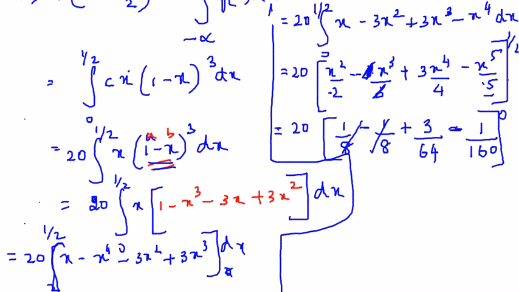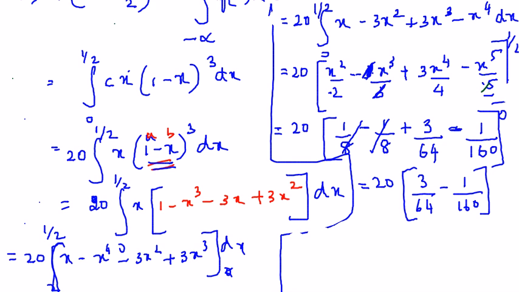Can you take the LCM for 64 and 160? So have you found out the LCM of 64 and 160? Keep dividing it by 2, you will get the LCM as 320. Don't worry, it looks like a big number. So 64 into what will give me 320? 64 into 5, so numerator also will be multiplied by 5.